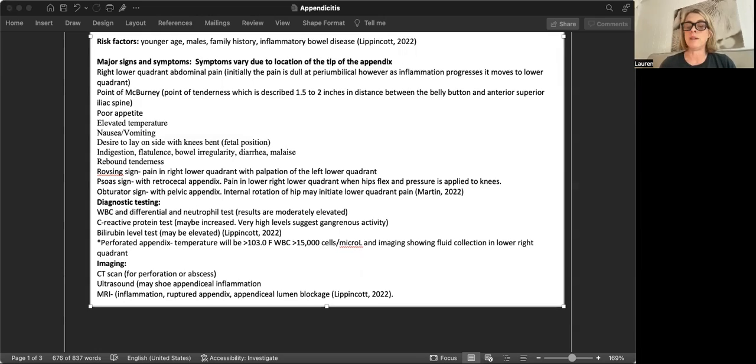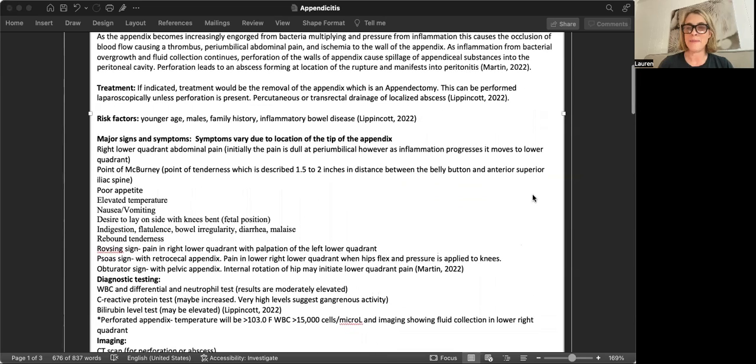You have Meckel's diverticulitis. You have Crohn's disease, which can also present with very similar symptoms such as fatigue, prolonged diarrhea, abdominal pain, weight loss, and fever without gross bleeding. A ruptured ovarian cyst is one, and testicular torsion. Thank you for watching and have a good day.